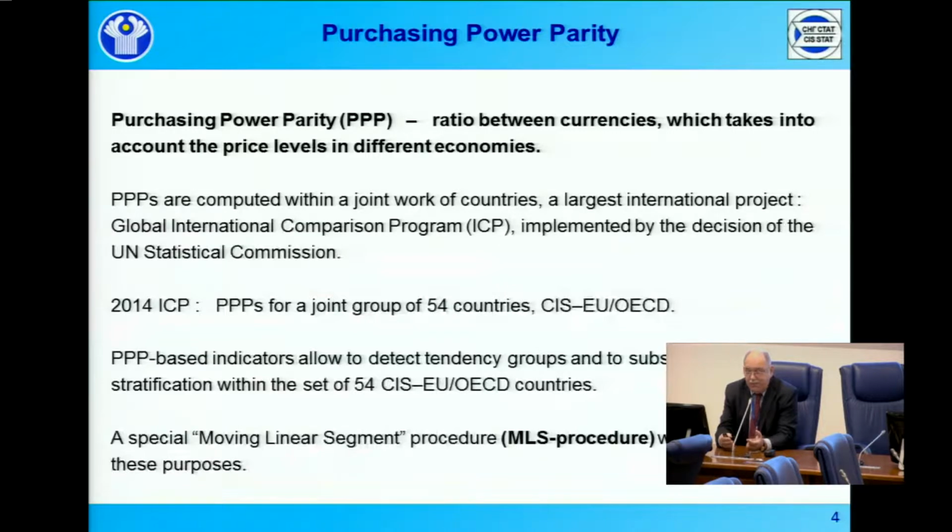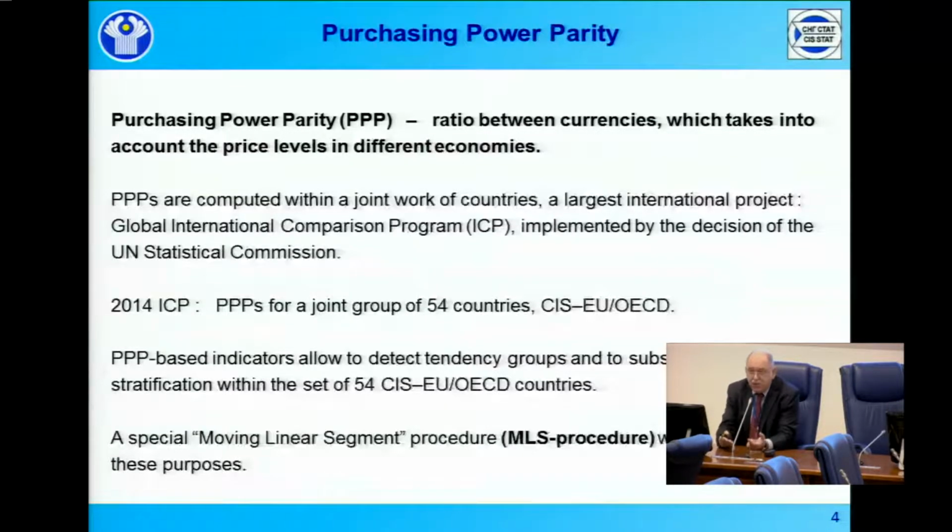But this definition is familiar for a quite narrow circle of PPP producers. Speaking with PPP users, it's very difficult, and I would say really impossible, to explain that PPP is a price index, because the PPP is an indicator nominated, for instance, in rubles per dollar.